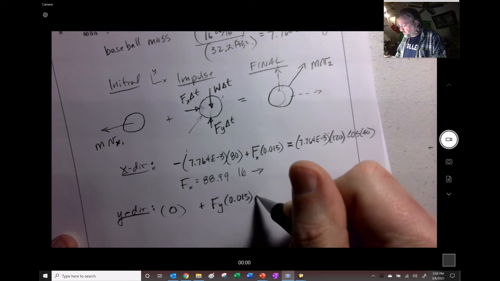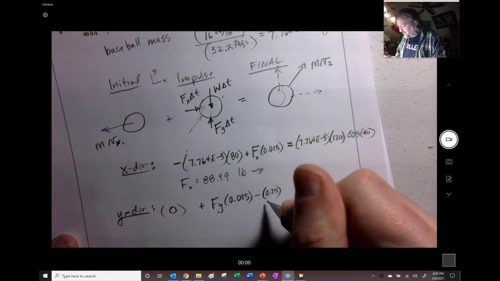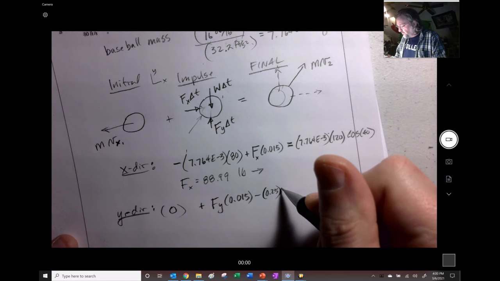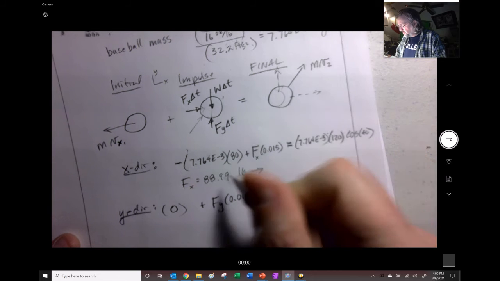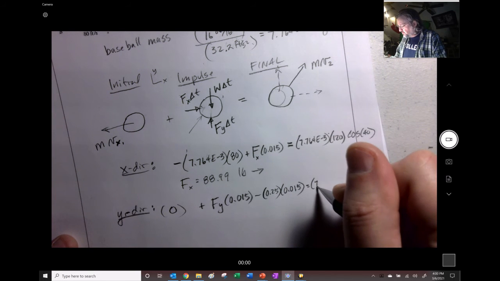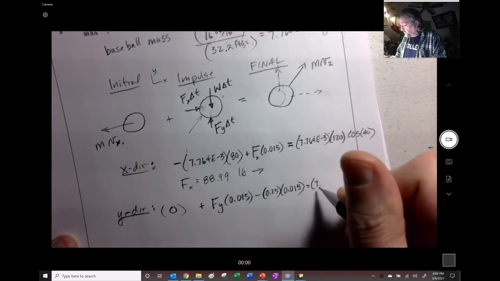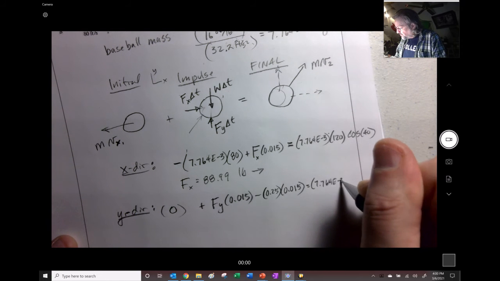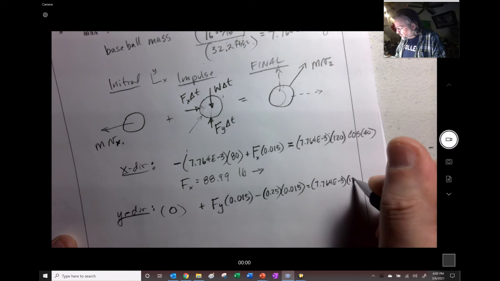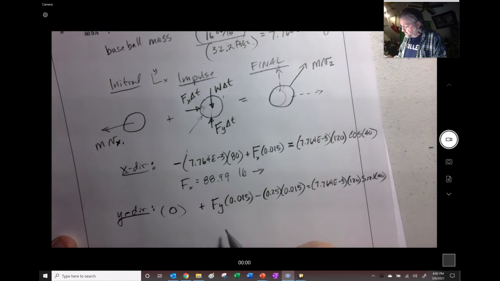And if we wanted to, we could also say 0.25, that's the weight of the 4 ounces, times 0.015. And it's going to be equal to that slugs right here, times the vertical portion of this, 7.764 e minus 3, 120 sine of 40.